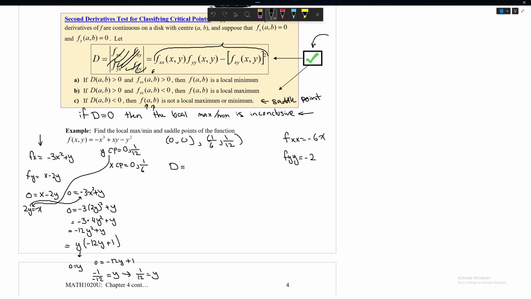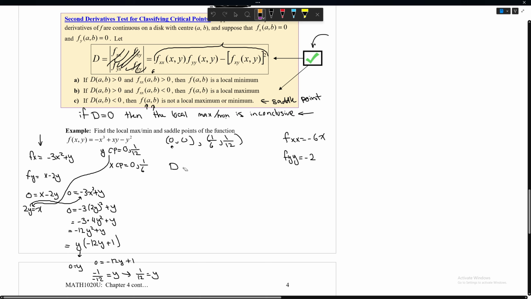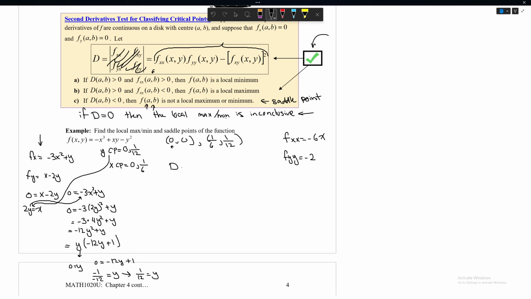And so what it's saying is, I'm getting my D at the 0, 0 critical point, so I'll specify that. D at 0, 0.